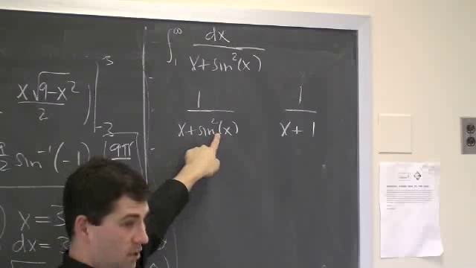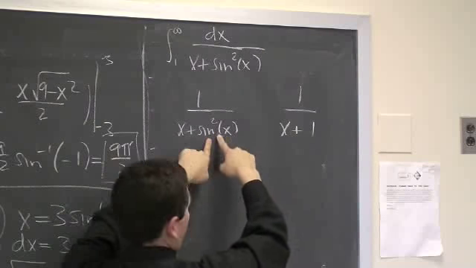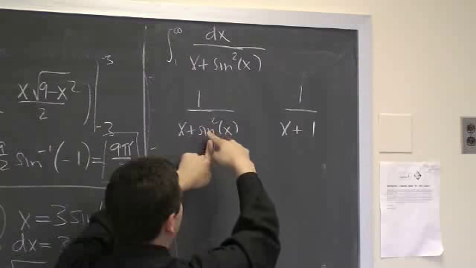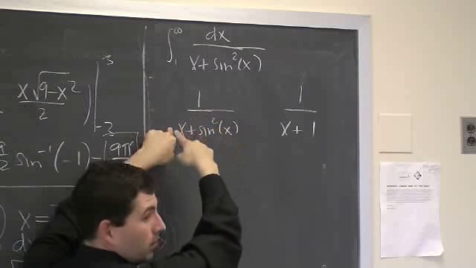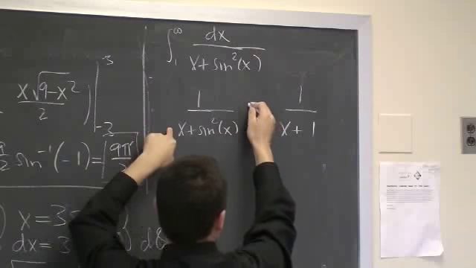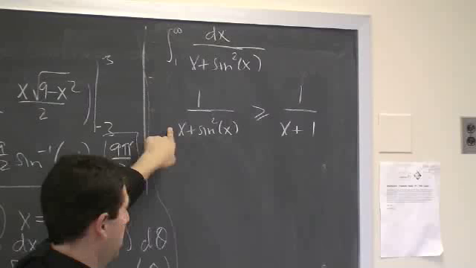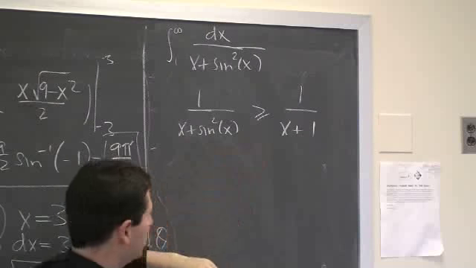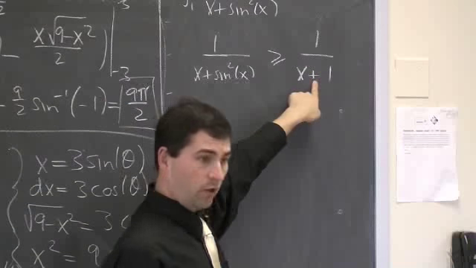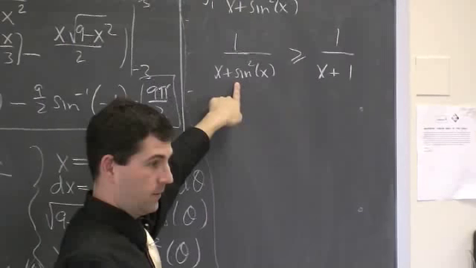This is going to be, generally speaking, bigger, because sine squared is not always, but usually less than 1. When it's less than 1, the denominator is smaller, which makes the whole fraction bigger. So this is normally bigger than 1 over x plus 1. They become equal if sine squared equals 1.